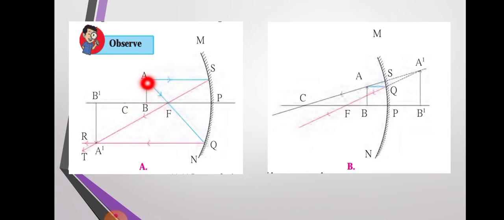Now here you can see AQ is passing through the focus and it becomes parallel to the principal axis. So here you can see two types of images are formed. AB, what is this? This is an object, and where is its image formed? At A dash B dash.